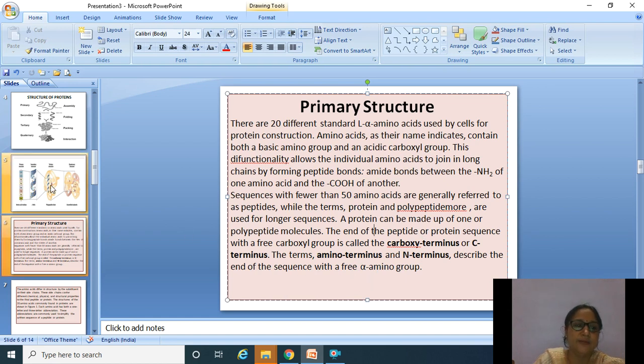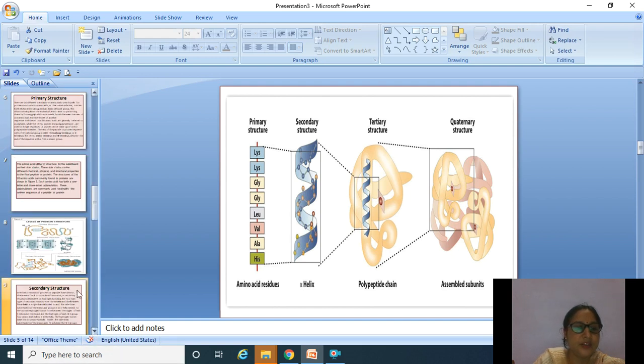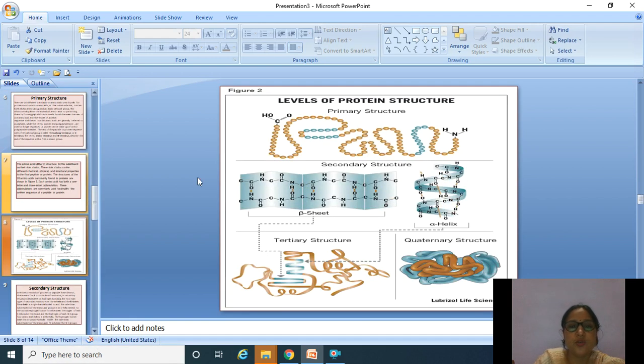Look at here. In this diagram, it is shown easily that this is a polypeptide chain which is formed by the joining of many amino acids, which are joined by a peptide bond, that is the CONH bond.